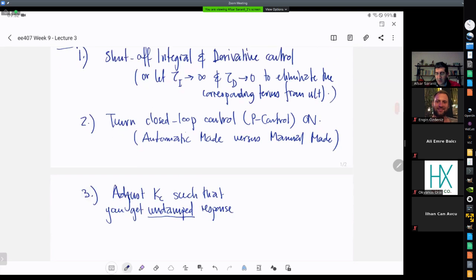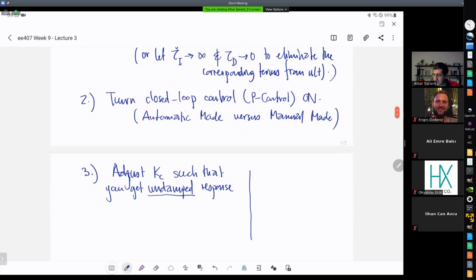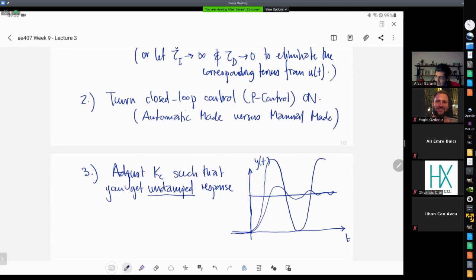What it looks like, well, if this is your step response, and this is your reference, then instead of having a damped response like this, and instead of having an unstable system, you will basically get sustained oscillations.